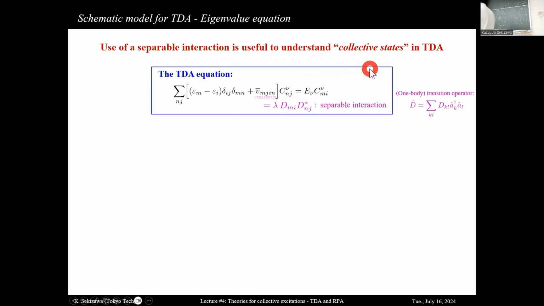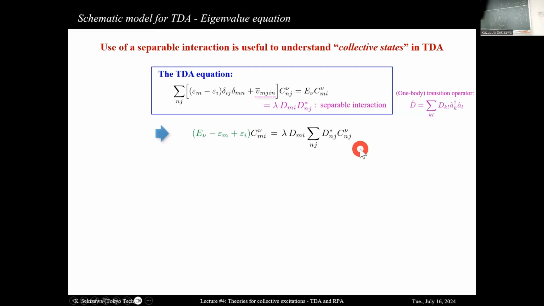Okay, so now let me explain what is the meaning of collective states in the Tamm-Dancoff approximation. So this is the TDA equation, and here you put this separable simplified form for the matrix element. Okay. So here, I just manipulate those terms. So I just move this right-hand side to the left-hand side. No, maybe it's this left-hand side to the right-hand side.